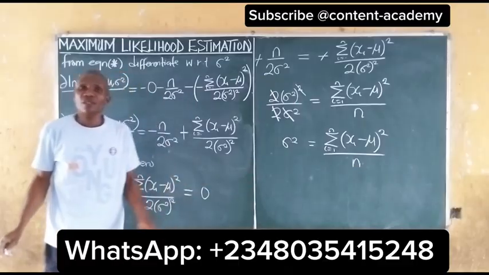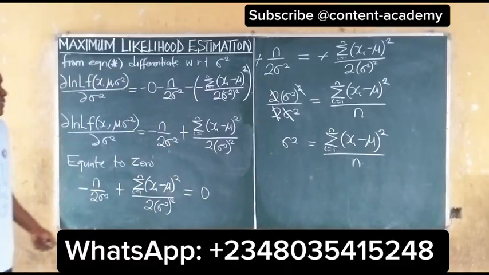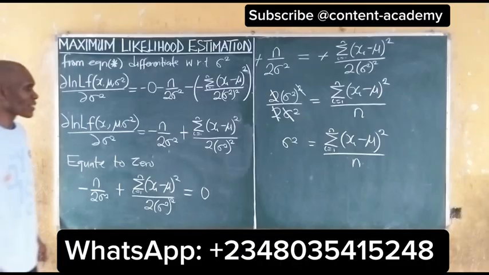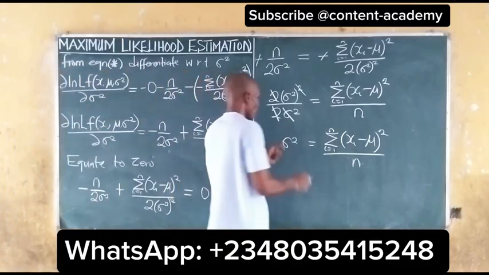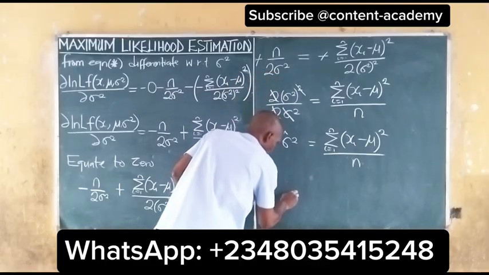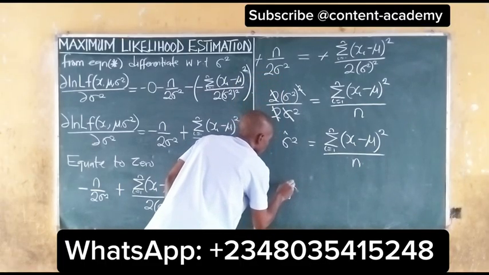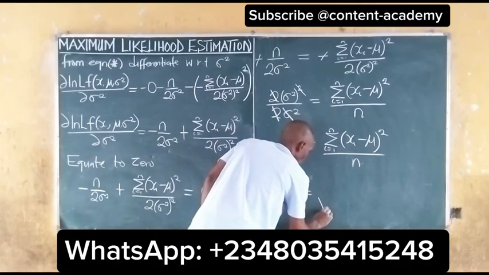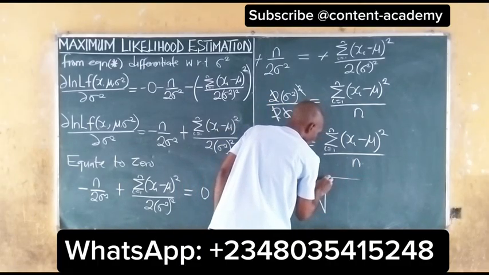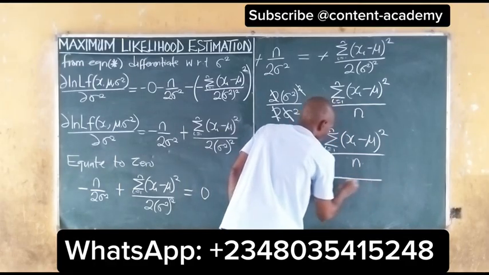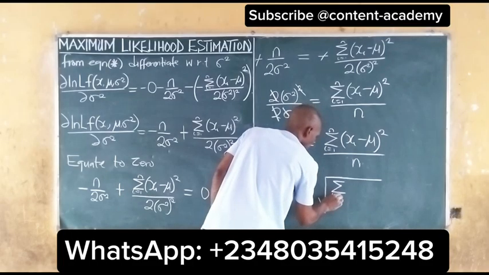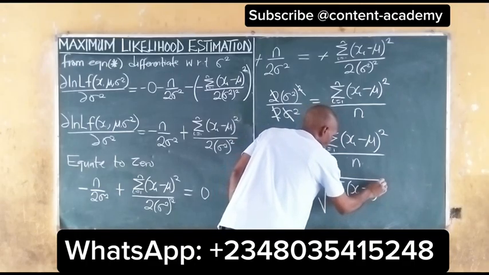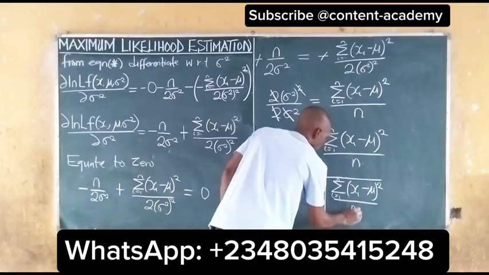Now, from this point, we can find the estimate for sigma squared. If you take the square root of both sides, you can write our estimate for sigma as the square root of the summation, as i runs from 1 to n, of (xi minus mu) squared all over n.